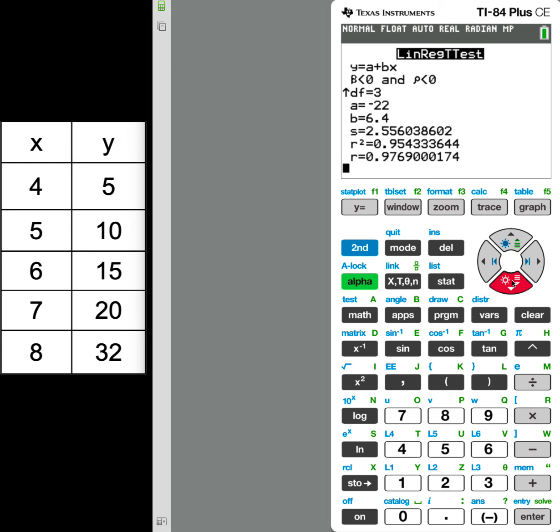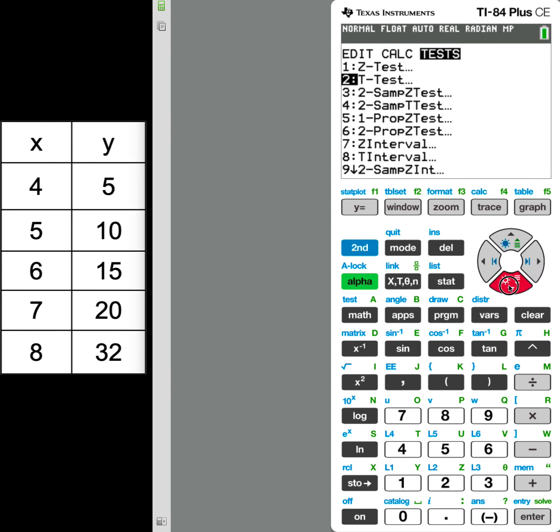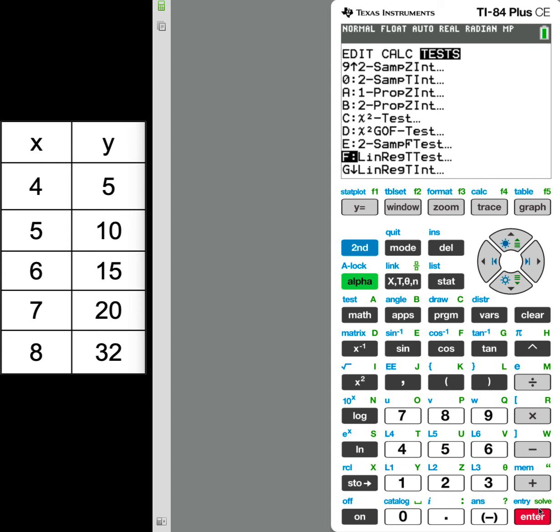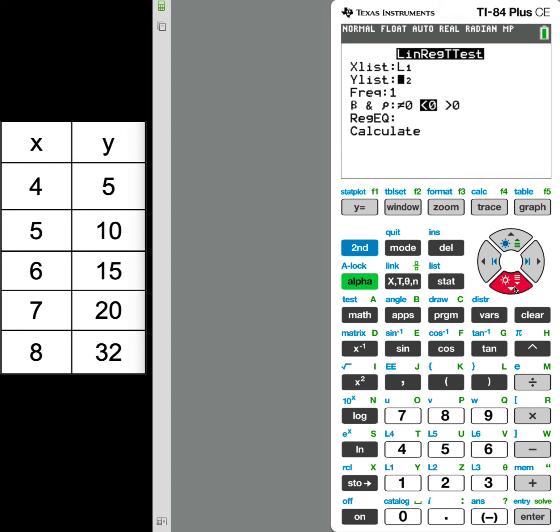At the end of the day, what I use this for with my students, especially since this is really just an introductory statistics class, is LinReg t-test. I think we might do left-tailed and right-tailed, but I like to do two-tailed.